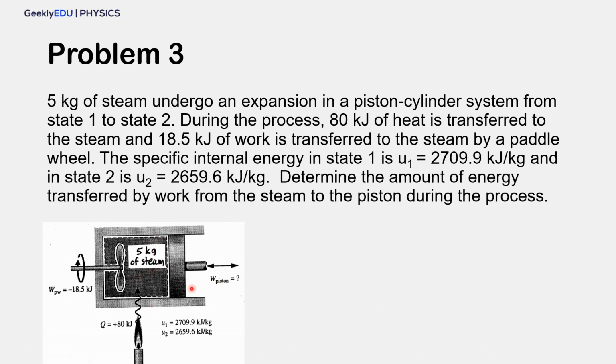Okay, we also know the initial and final specific internal energy, and we want to determine the amount of energy transferred by work from the steam to the piston during the process. Let's assume also that the cylinder and piston have no heat transfer, okay? It's isolated. So you only have work done by the piston here.